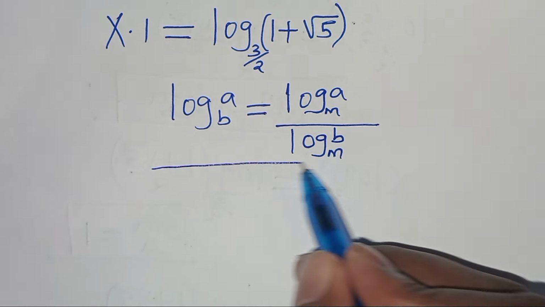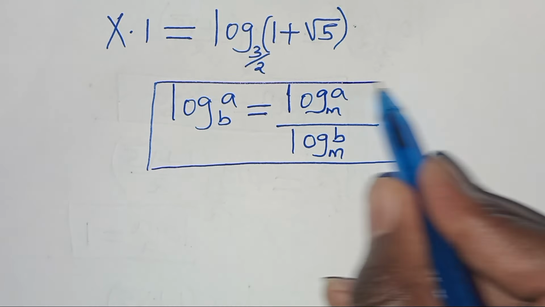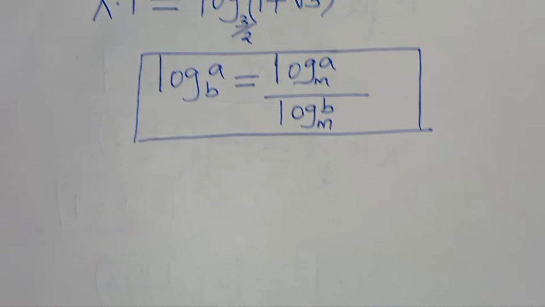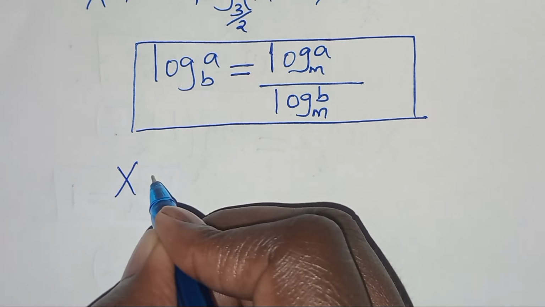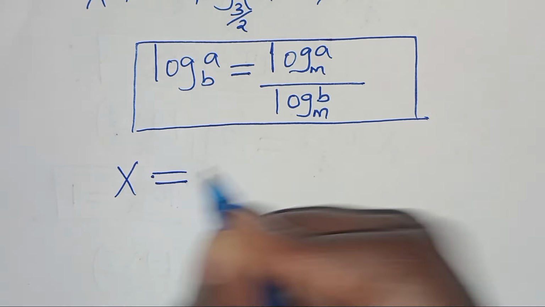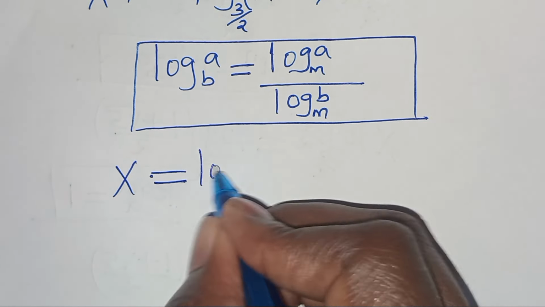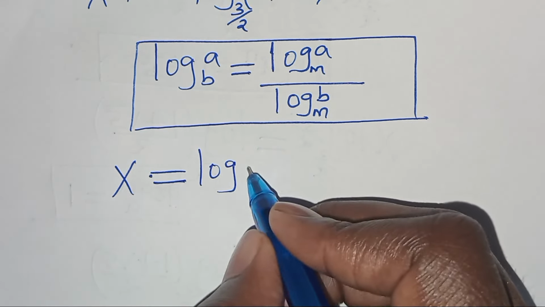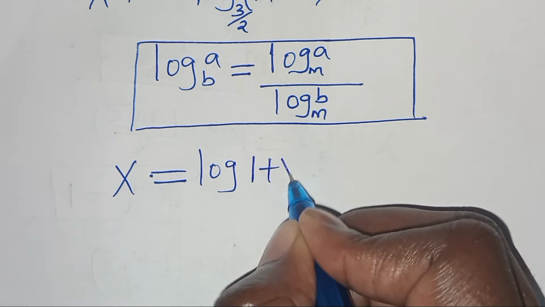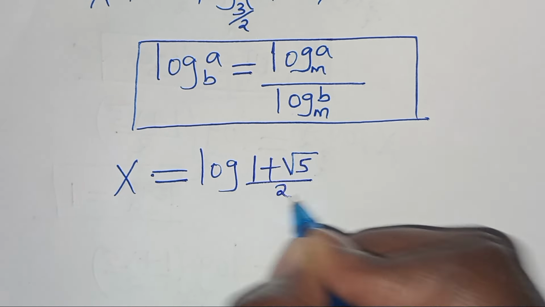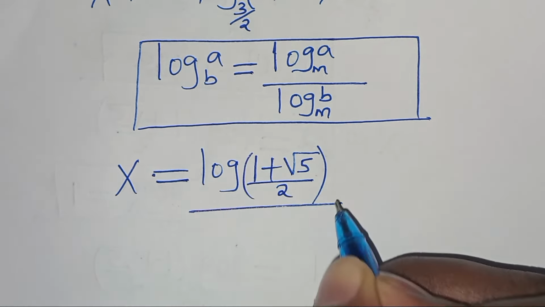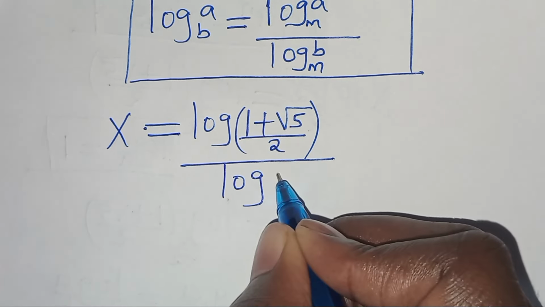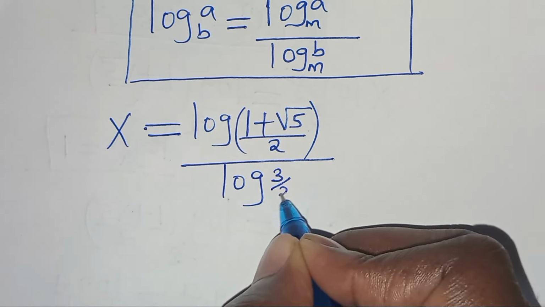So let's apply this property here, so that now the next step is that x is equal to log of 1 plus square root of 5 over 2 divided by log 3 over 2.